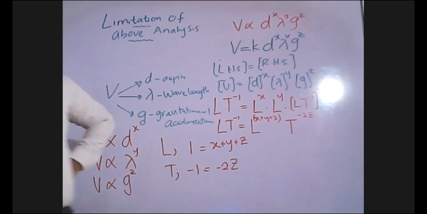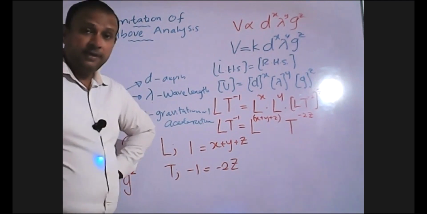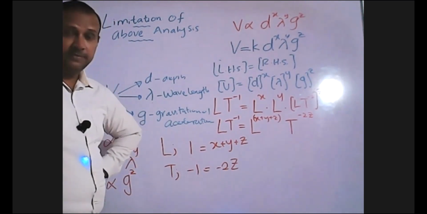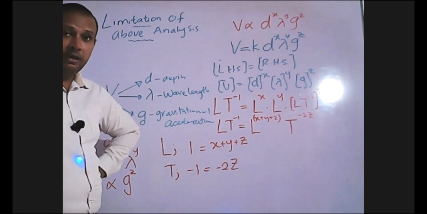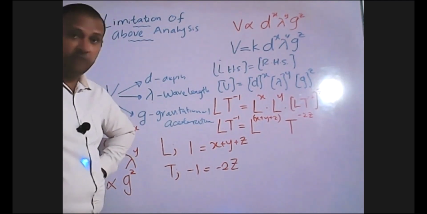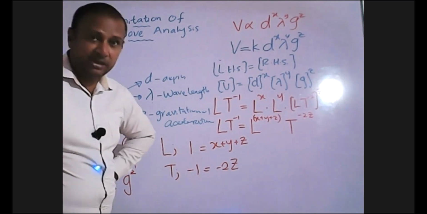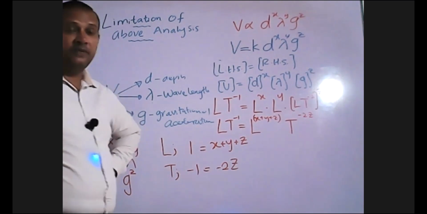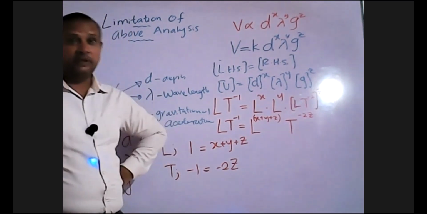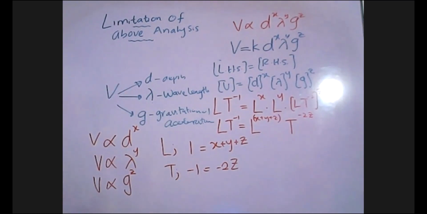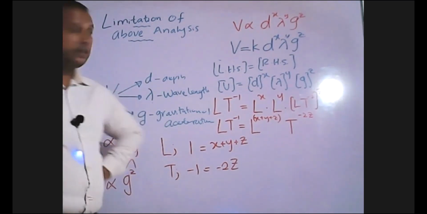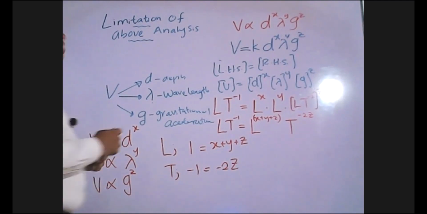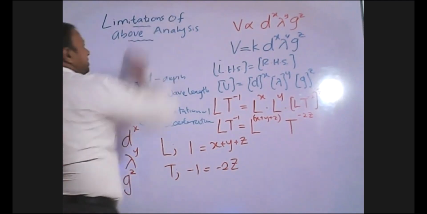Now we are going to discuss the limitations of analysis in determining equations. When we are building an equation, we use the dimensional analysis method. Now we are going to discuss the limitations of that application. Write down the topic: limitations of above analysis.